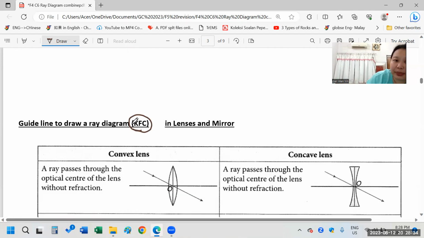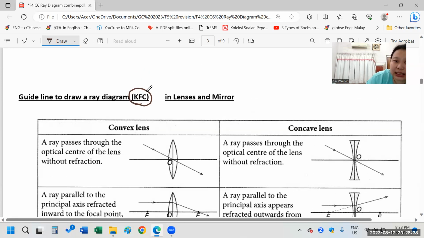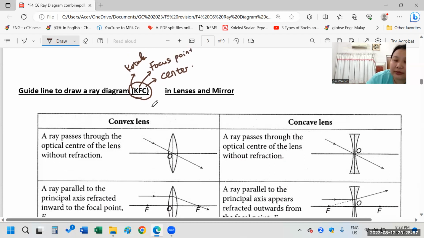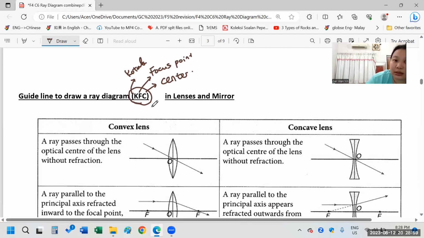Then we see what KFC is. C refers to center. F refers to focus point. K means kotak. KFC: kotak, focus point, center. Alright, so now we look at C first.